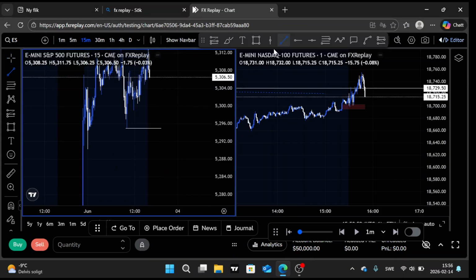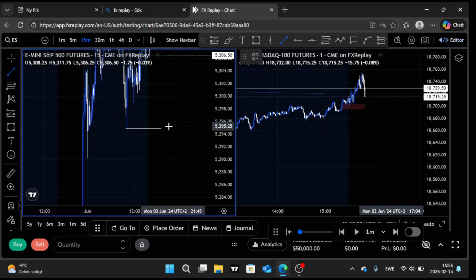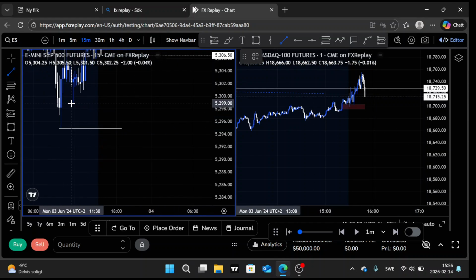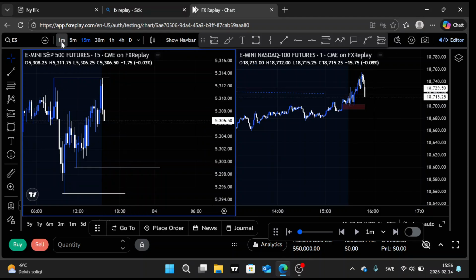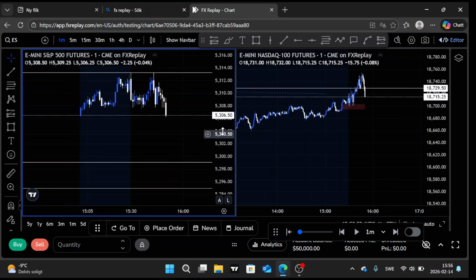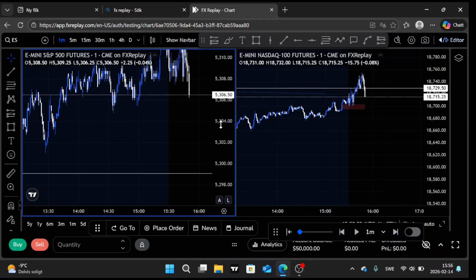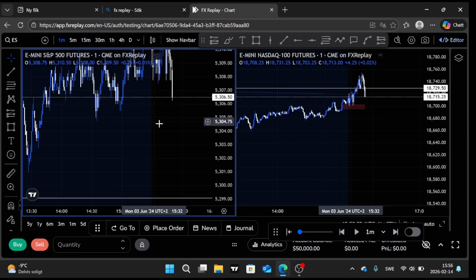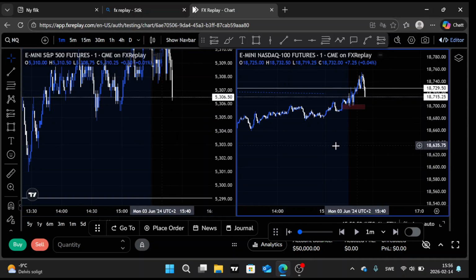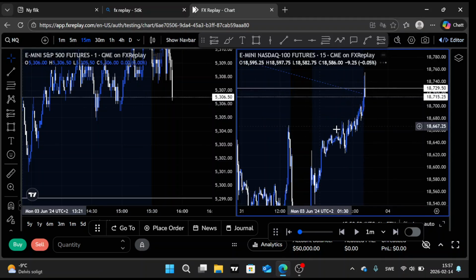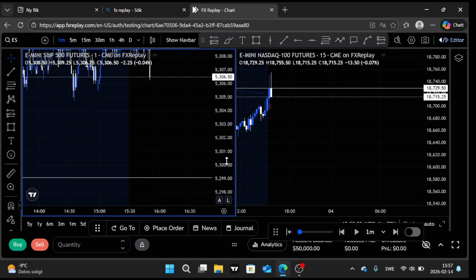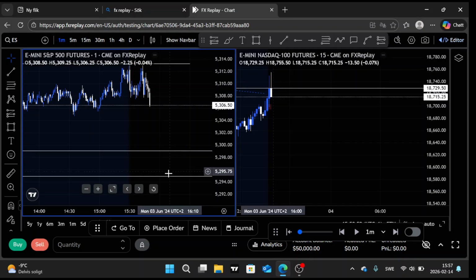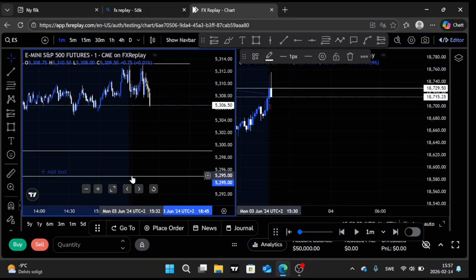So if we go take this low, yes, we'll go and take these lows earlier than NQ.